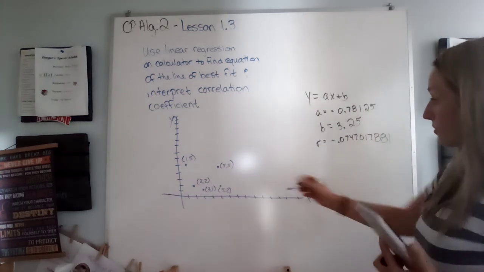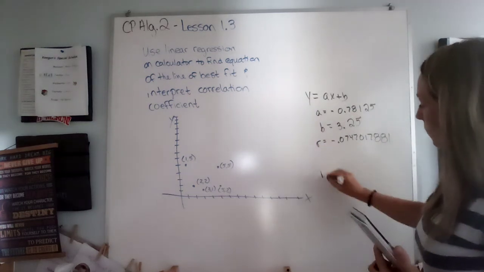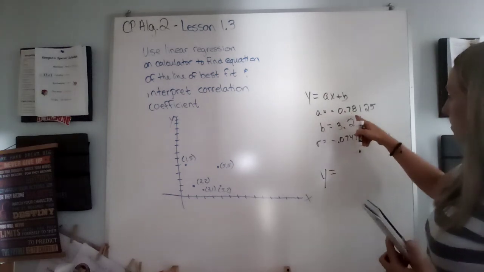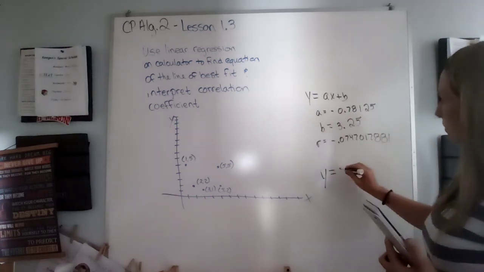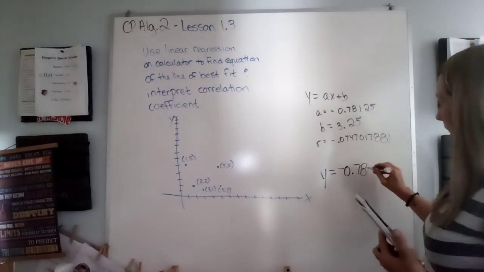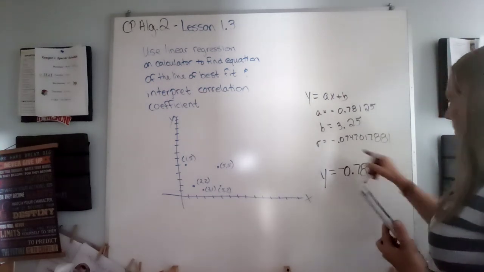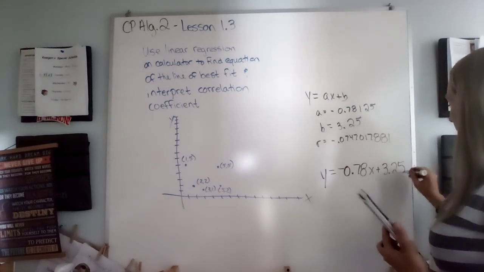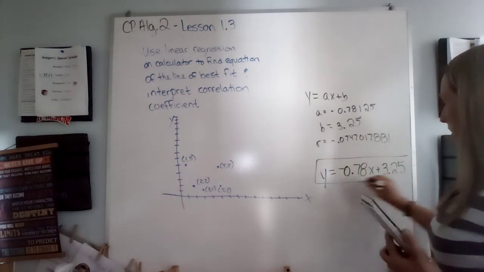It says to come up with a line of best fit. The line of best fit for this data is y is equal to, the a is your slope, and we'll round to 2 decimal points, so negative 0.78x plus, and the b value is 3.25. That is your line of best fit.